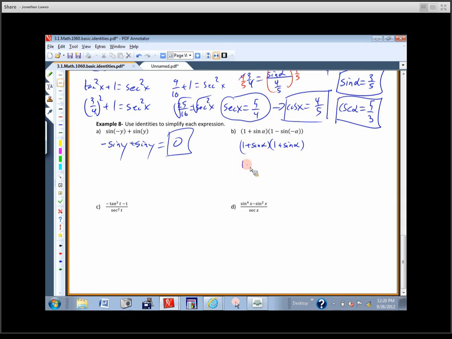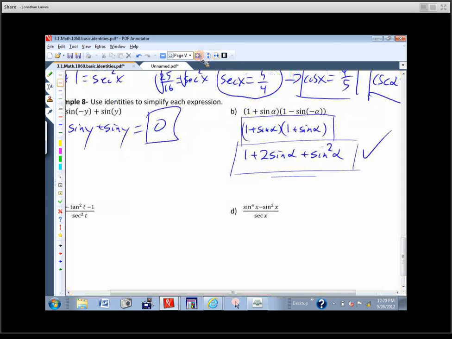So this makes 1 plus 2 sine alpha plus sine squared alpha. Now if you want to leave it that way, totally fine with me. I like everything in terms of one trig function. If you wanted to leave it this way, that wouldn't be the end of the world. But I think that's what they're after in the back of the book. Okay, any questions there?